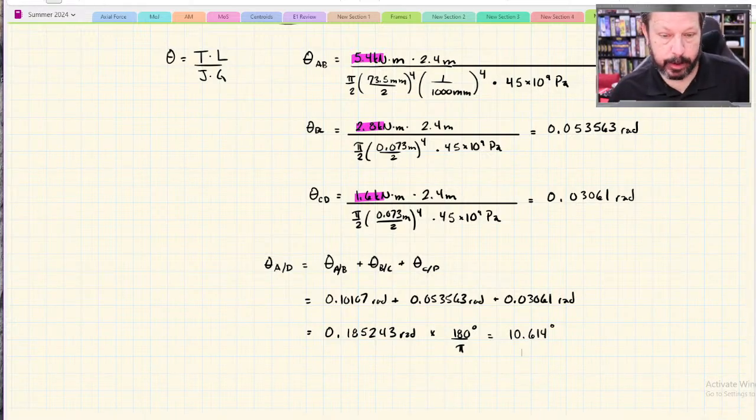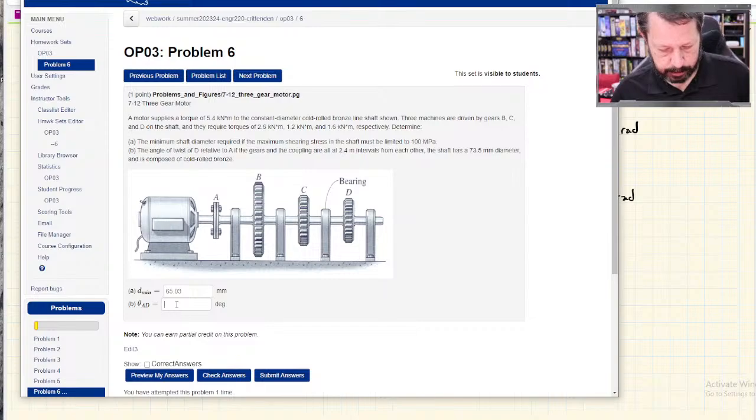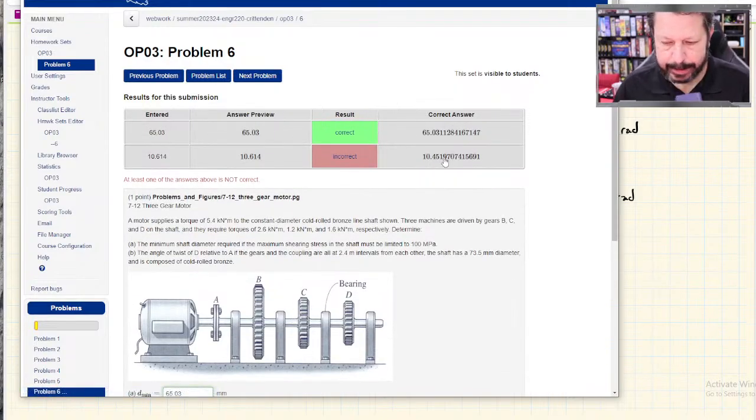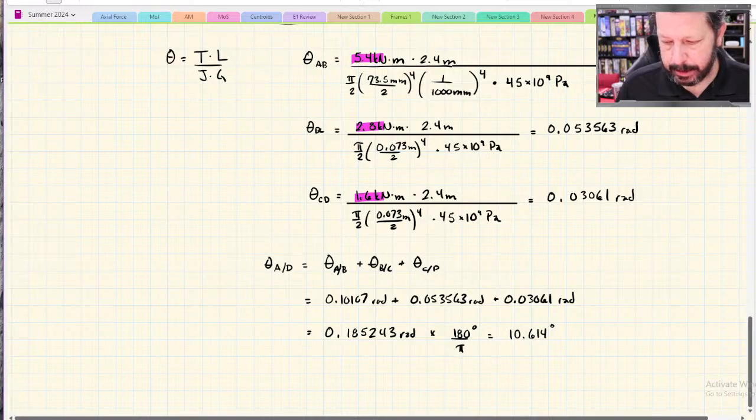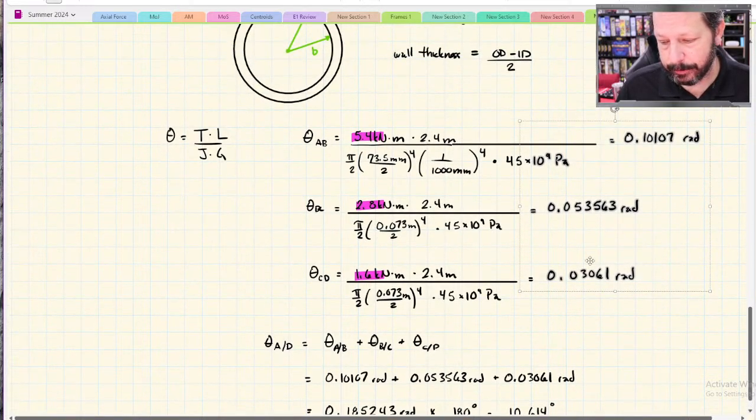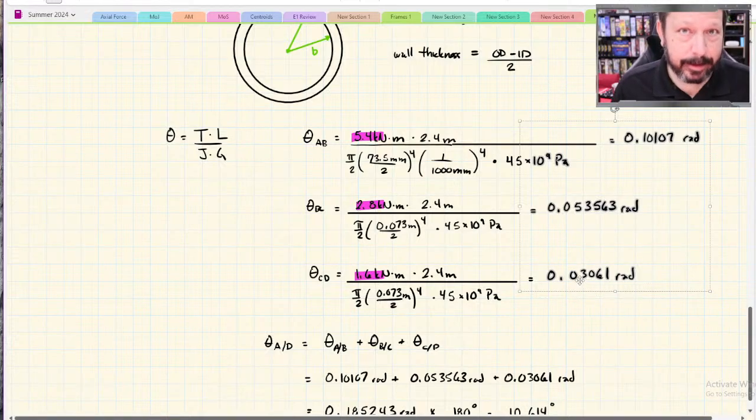And then we check in WebWork. 10.614. Show the correct answers. Oh, all right. Even with my keeping up with a lot of decimals, I didn't store them in my calculator, and so it wants 10.45 because every one of these is rounded. I rounded every one of those values, and then I added the rounded values and rounded that, so just too much rounding.